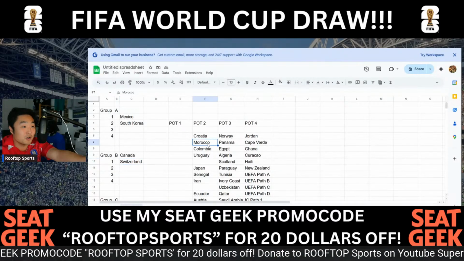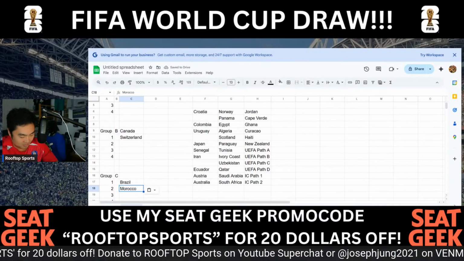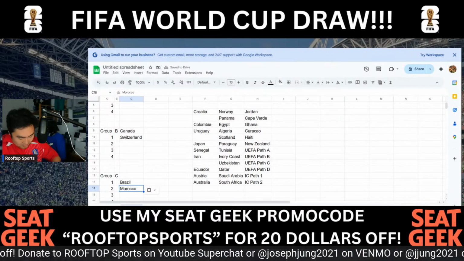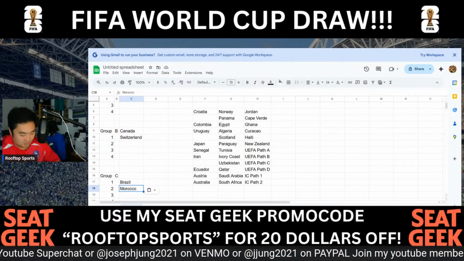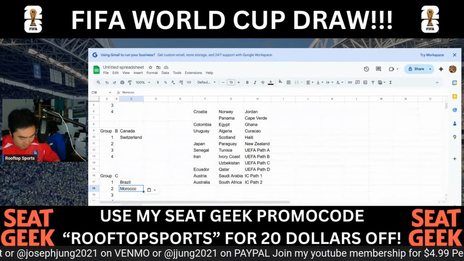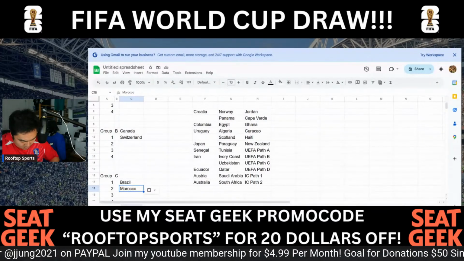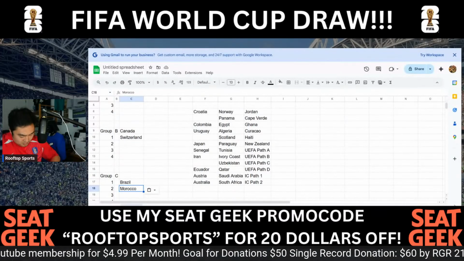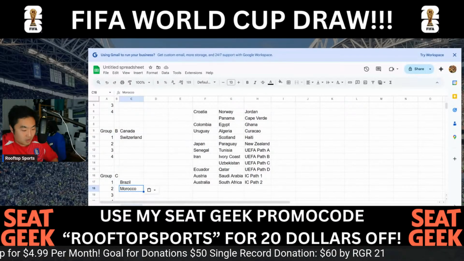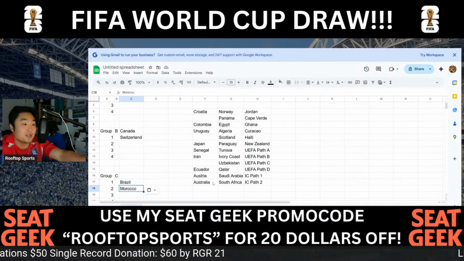And then Morocco is drawn with Brazil. Australia will be playing in pot 2 against the United States.